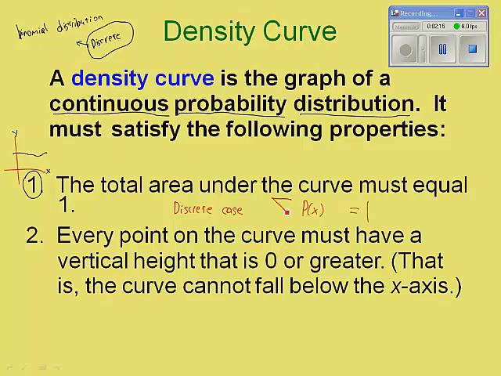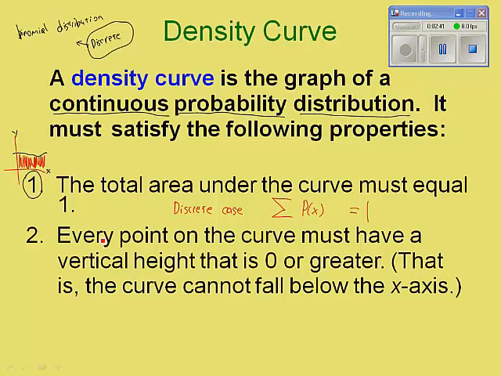If you add up all possible x's, you add up the probability of x, that has to equal 1. Well, what we're going to say is that the area under the curve has to be 1. We'll see if that makes sense to you.